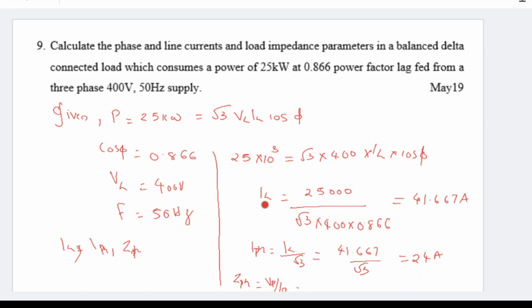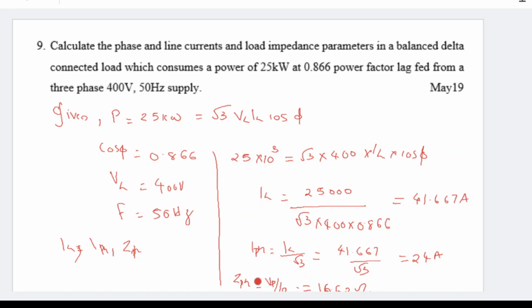So V phase will be equal to 400 divided by the present answer, that will be 16.62 ohm. This is the answer. I think I have just roughly done it. You can check whether any mistake is there, and that's it.